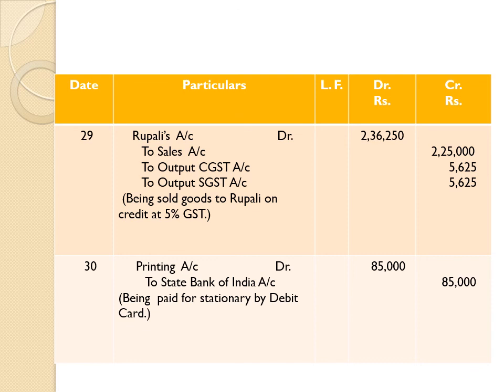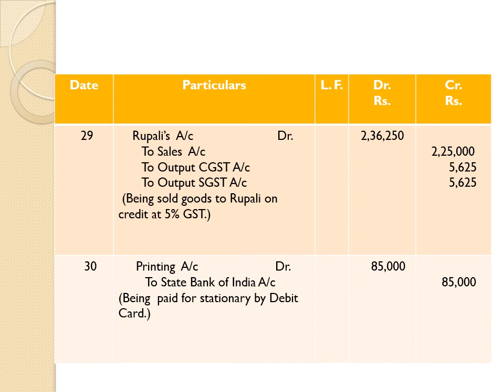So entry for it, Rupali's account debit. While giving debit, we shall consider the amount of sales plus amount of GST. So total 2,36,250 Rupali's account debit, to sales 2,25,000, that is actual amount of sales.